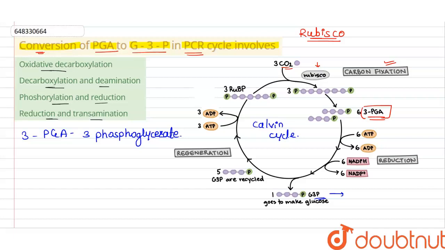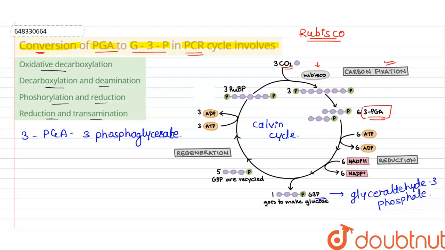So in this reaction, what is the most important thing? Let's see. First we will write glyceraldehyde 3-phosphate, that is G3P. Now let's see what is going to happen in this conversion. First, the 3-PGA kinase adds a phosphate, and the phosphate is taken from ATP.